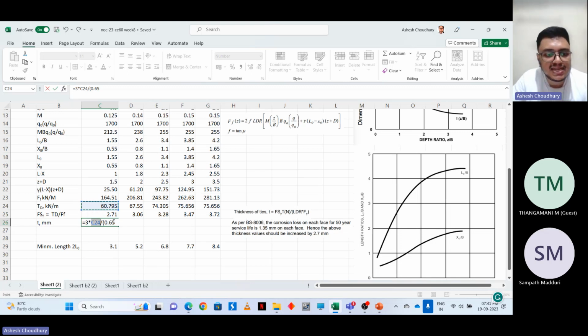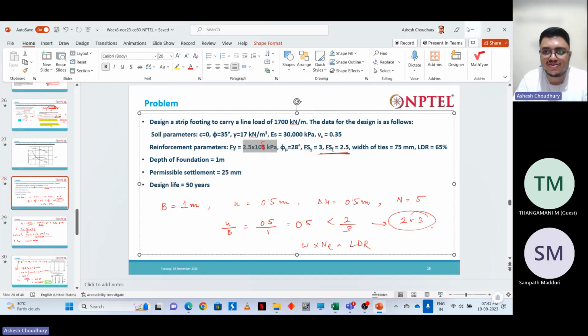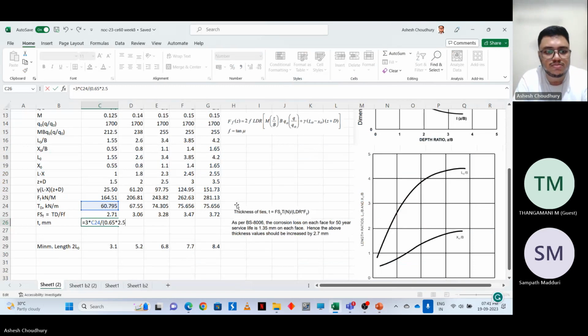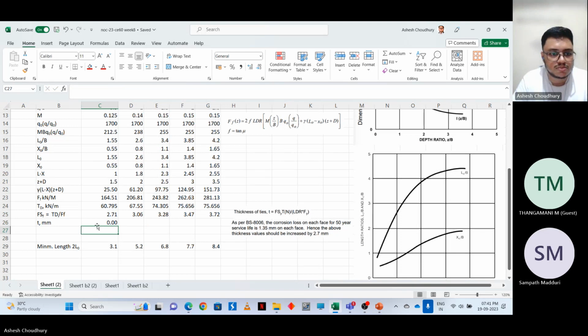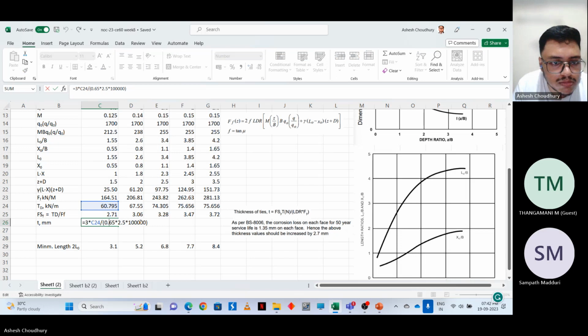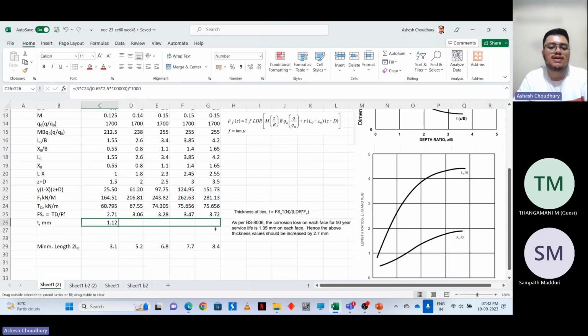Okay, this Tn is the reinforcement load, and this Fy is that, this, right, 2.5. So this, let me do it times 1000. I will get it in terms of mm. So this times 1000, I'm trying to get the answer in terms of mm. So that's it. So you can get it like this.